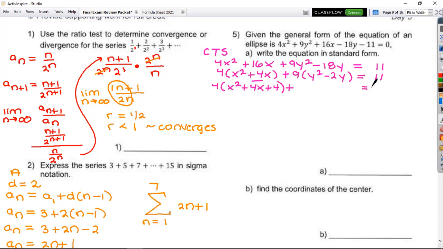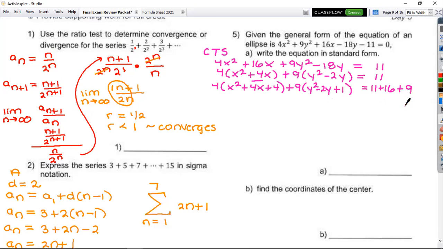So on the other side, I'm going to add on 16 to keep my equation balanced. Over to the other side, I go 9y squared minus 2y. So half of -2 is -1. -1 squared is 1, which means that 9 gets added to the other side.